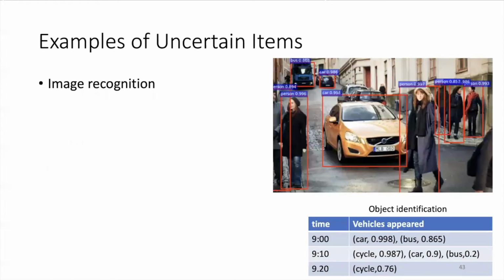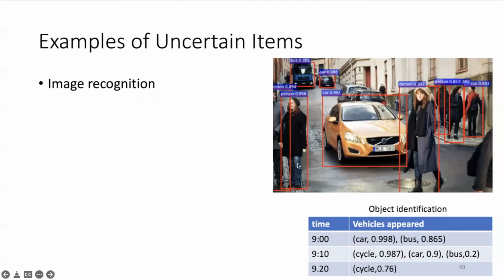Similarly, we have uncertain data also. For example, the object identification in images is a classic example for creating uncertain datasets. For example, look at the figure.